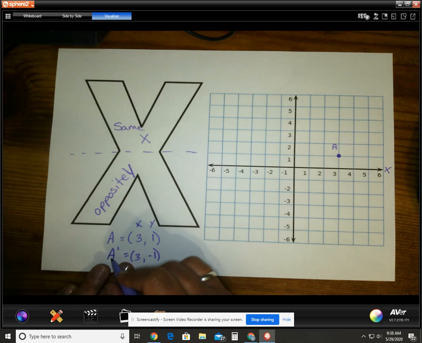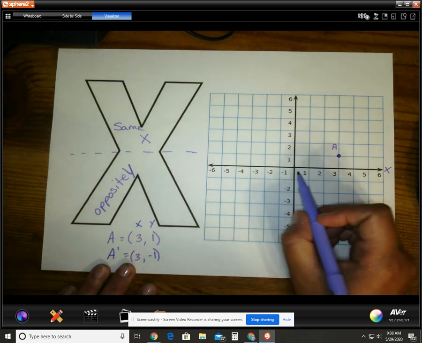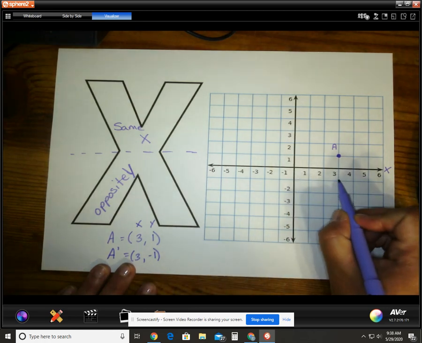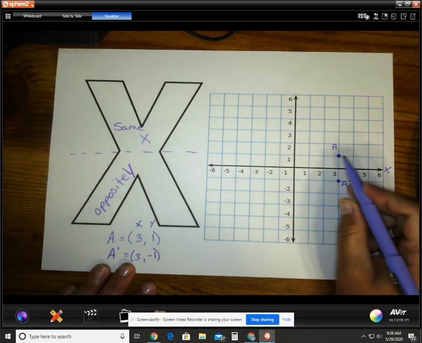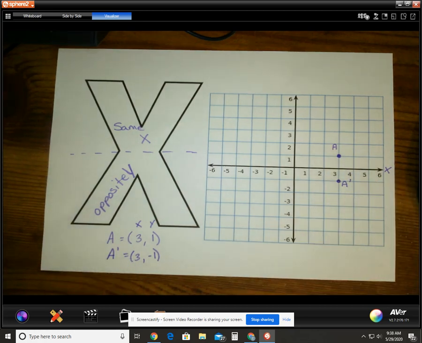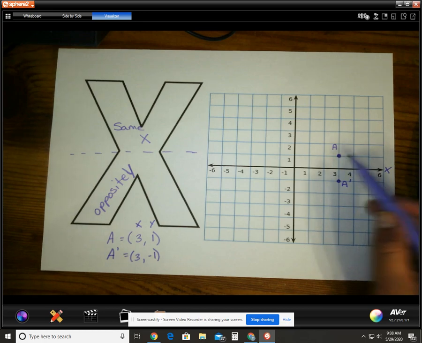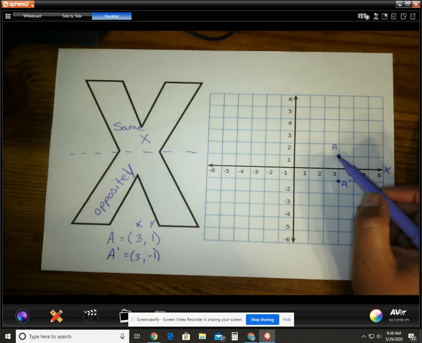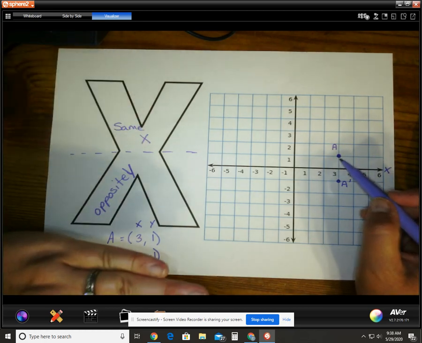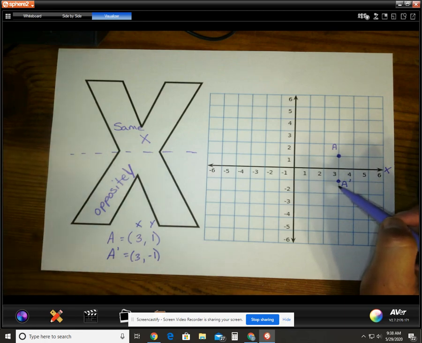So my A prime, or my reflection of A, is going to be at 3, -1. So I'm going to go over 3 and then down 1. And that gives me A prime. It's the reflection of it. It's like somebody put a little daub of paint here, folded the paper over, and I got another daub of paint over there.